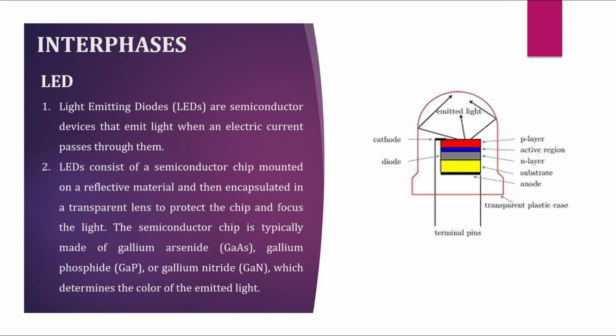The semiconductor chip is typically made of gallium arsenide, gallium phosphide, or gallium nitride, which determines the color of the emitted light. So in the diagram we could see we have cathode, diode, P layer, active region, N layer, substrate, and anode. And we have a plastic transparent case or the lens.